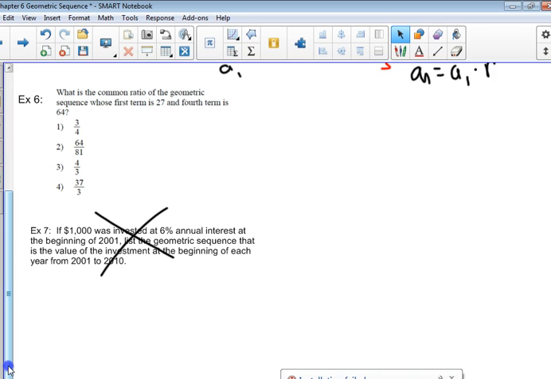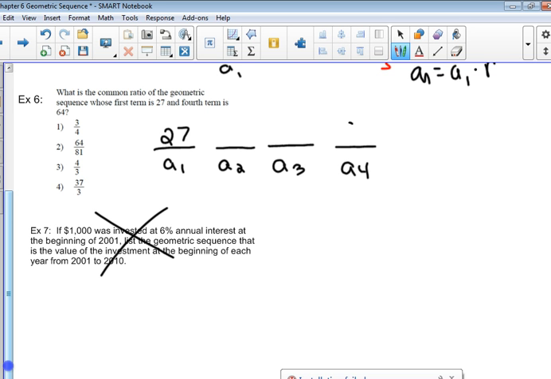If you need to give yourself a little picture, your first term is 27. You don't know what a sub 2 is. You don't know the third term, but we know the fourth term is 64. They want to know the common ratio. So what that means is we want to figure out what you have to multiply by every time to get 64 for the fourth term.